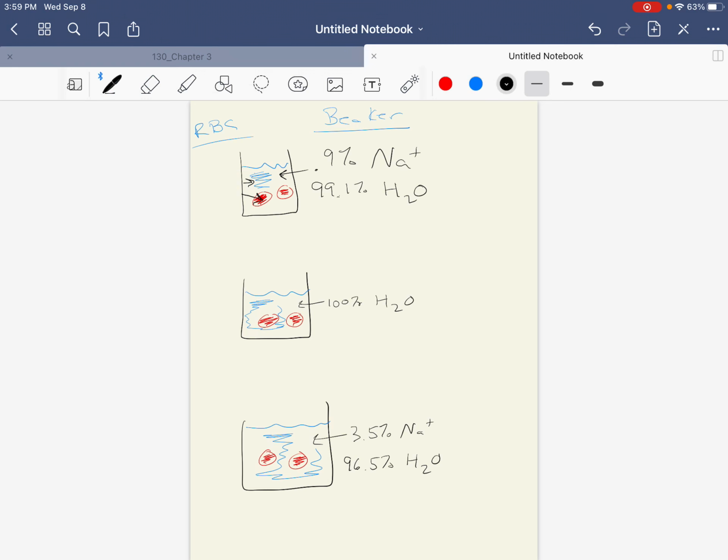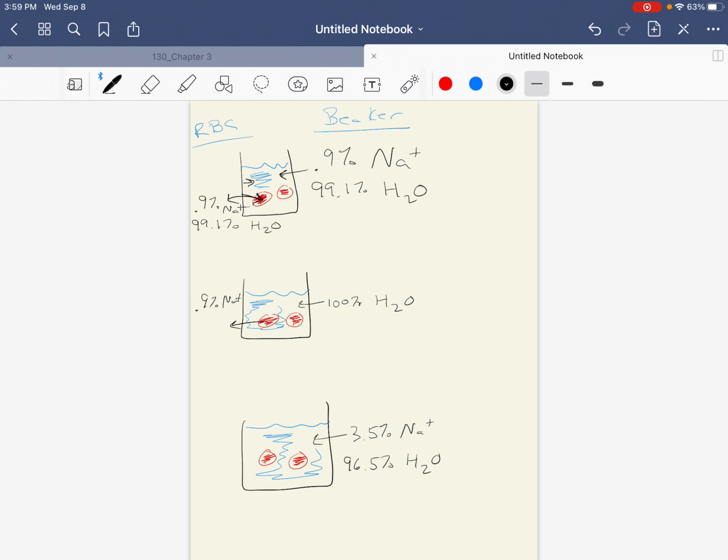And in every case, red blood cells, the fluid inside of red blood cells is just like saline. So we just know for every red blood cell, the fluid inside of it is 0.9. Because the inside of the red blood cell is a saline solution, we just know it's 0.9% salt, which means it's 99.1% water.